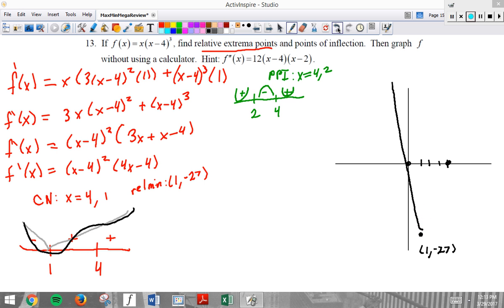Oh no. Sorry, I just realized I didn't get these. Both are inflections, points of inflection, POI. At 2 comma negative 16, and 4 comma 0. See? So I'm going to graph that 2 comma negative 16. Something like that. So now let's try again.